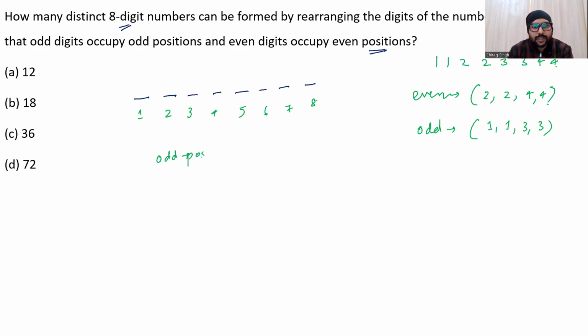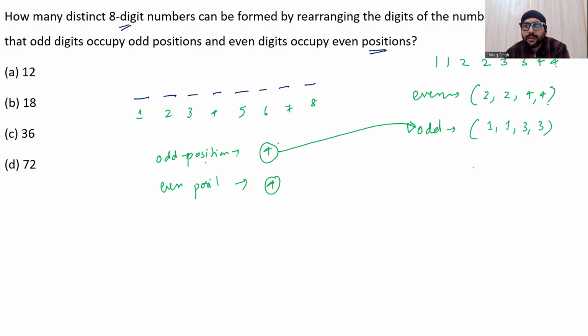Odd positions are 1, 3, 5, and 7, which means 4. Similarly, how many even positions do I have? 2, 4, 6, and 8, 4 positions. Now, in these 4 odd positions, I have to fit 4 odd digits. So this is simply nothing but 4 factorial.